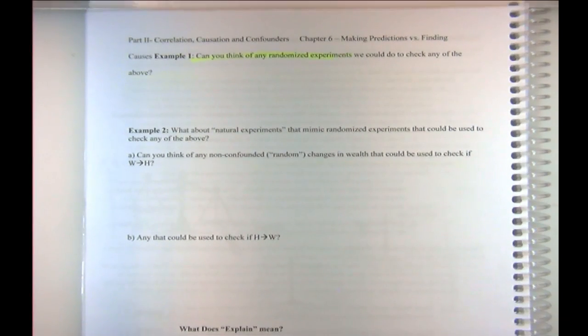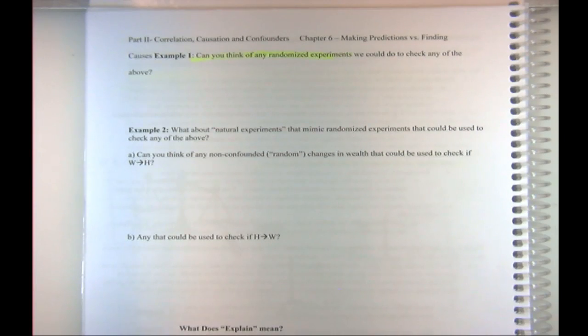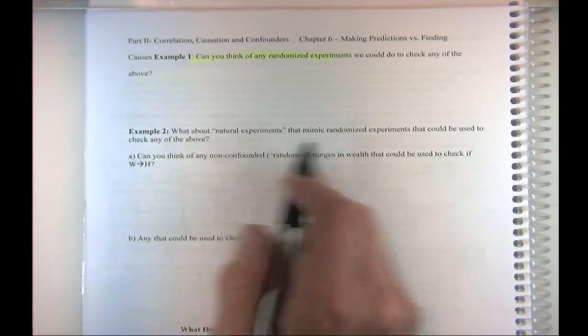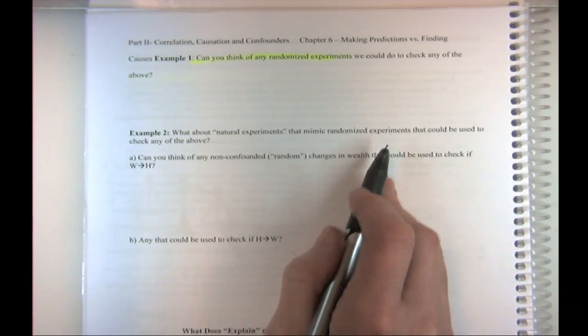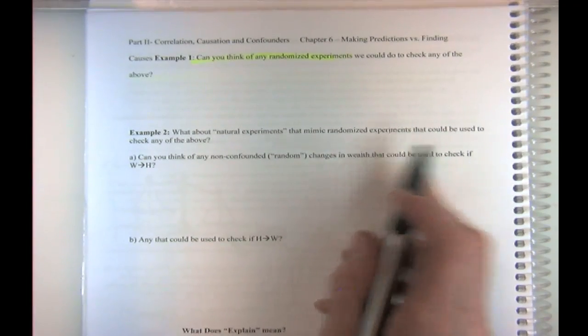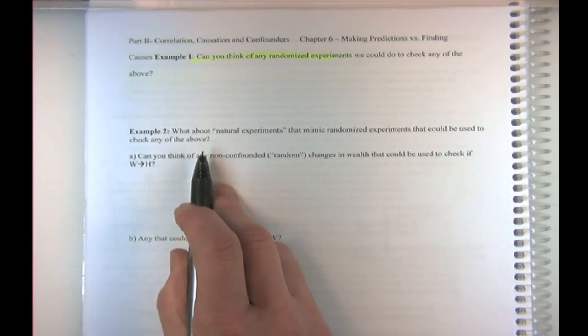So in the absence of that, the next best thing, remember, randomized experiments are the ideal we're looking for. So in the absence of that, what I think everybody should always do, and some brilliant experiments have been done this way, is see if there's such a thing as a natural experiment that mimics randomized experiments, okay? A natural experiment that could be used to check any of the above.